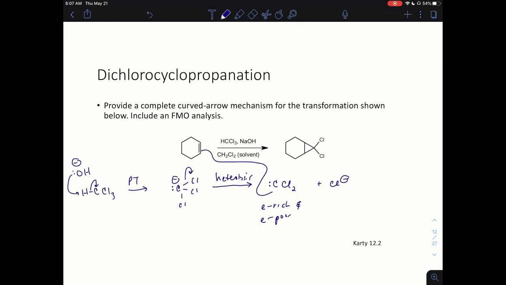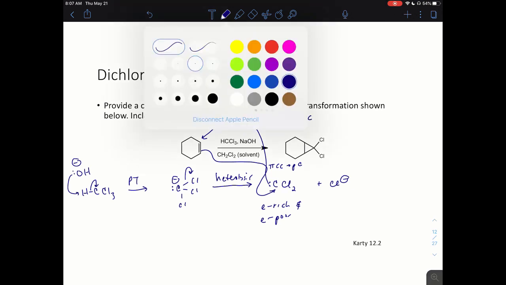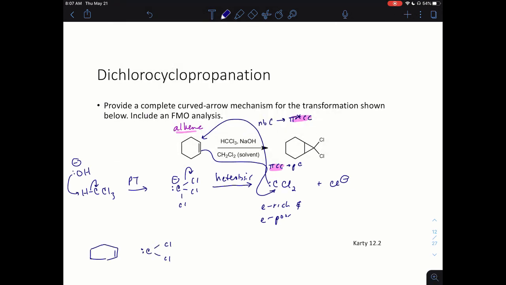The alkene is electron-rich, and we do have pi CC attack that empty p orbital on carbon. The lone pair, though, of the carbene, it attacks back. So then we have lone pair on carbon, so non-bonding carbon, attacking pi star CC of the alkene. That was a mess, so I'm going to just redraw the arrows down here. We can see both the carbon-carbon bonds are formed at the same exact time.